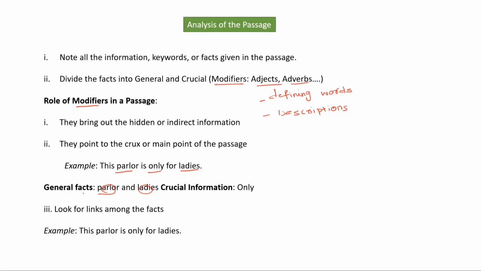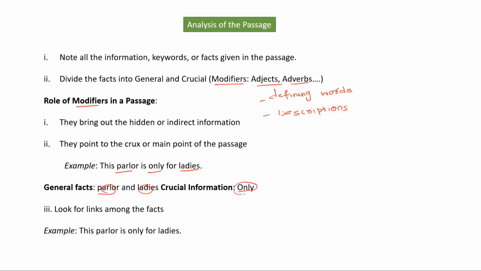This parlor is only for ladies. So this information or this sentence has 3 keywords. 1, beauty parlor. 2, ladies. 3, only. The words parlor and ladies come under the general information. Just with the knowledge of this parlor is for ladies, I can't make any inference. But the modifier only is crucial for me.